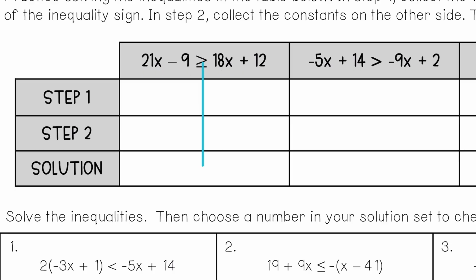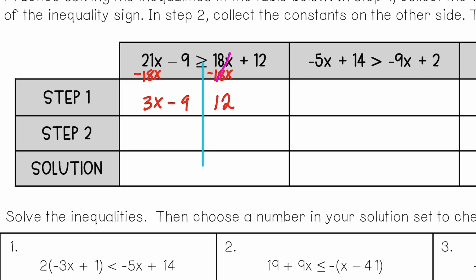So my next step is going to be moving my x's to the left side. In order to do that, I need to get rid of a positive 18x. So in order to get rid of positive 18x, we subtract 18x on both sides. 21x minus 18x is going to give me 3x minus 9. These x's over here go away, and I'm left with 12.